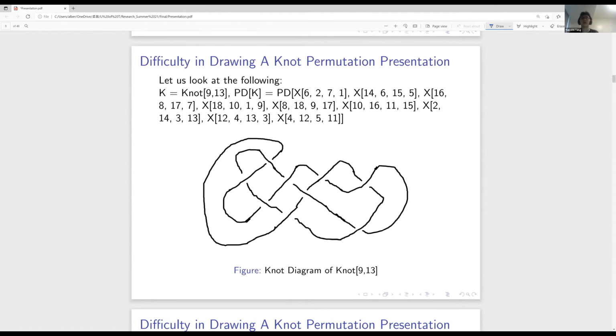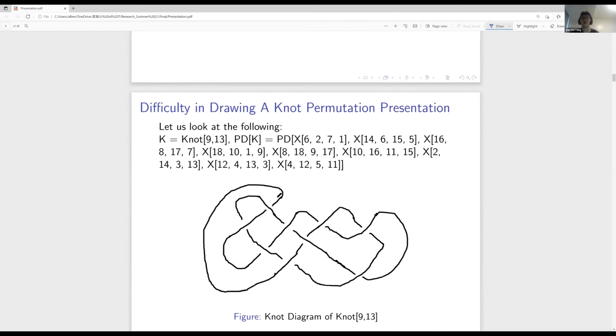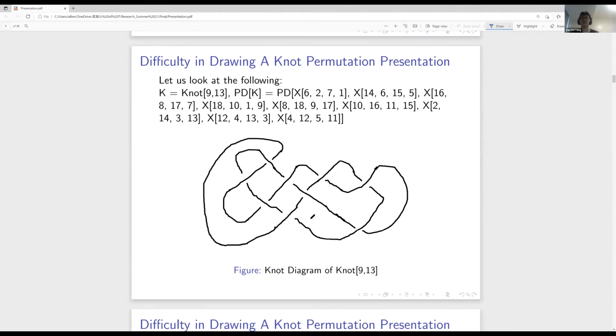So with that, let's look at the following knot. The PD notation looks like this, and for visual, the knot diagram of this knot is going to look something like this. And we want to be able to draw out a diagram of what a minimum virtual width permutation presentation could look like.